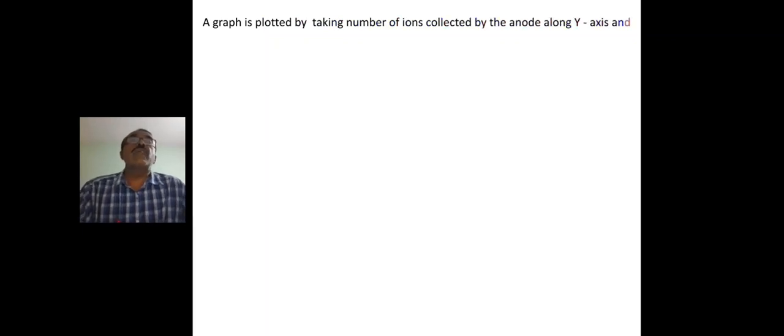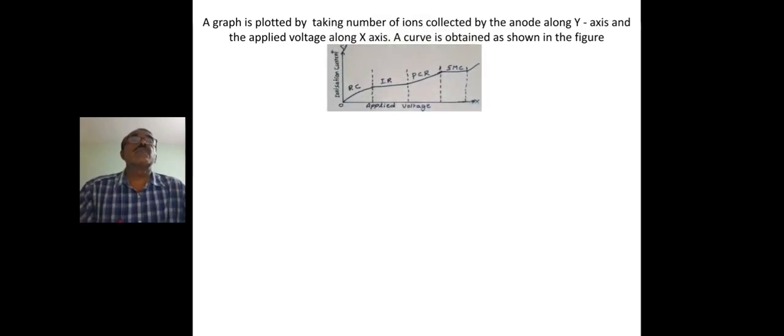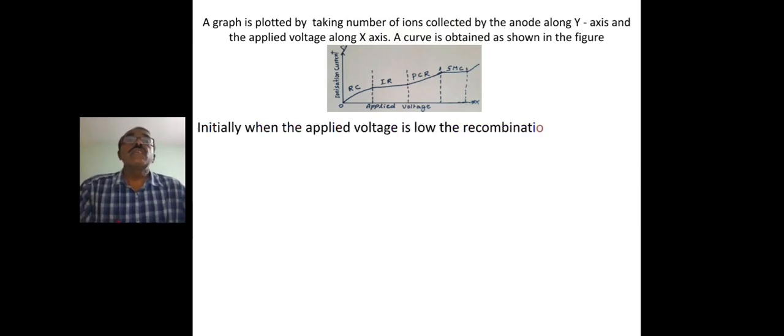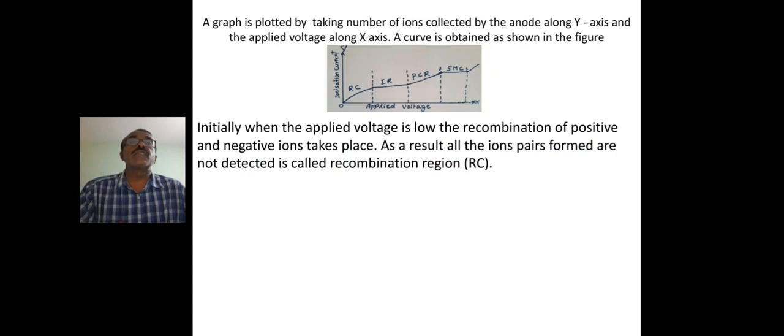A graph is plotted by taking the number of ions collected by the anode along the y-axis and the applied voltage along the x-axis. The curve is as shown in the figure. Initially, when the applied voltage is low, recombination of positive and negative ions takes place.